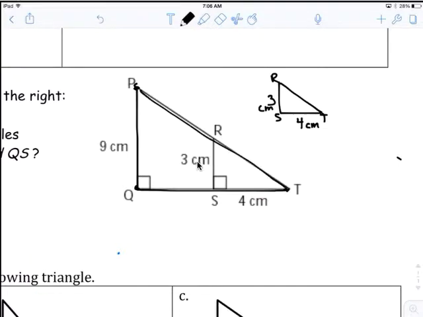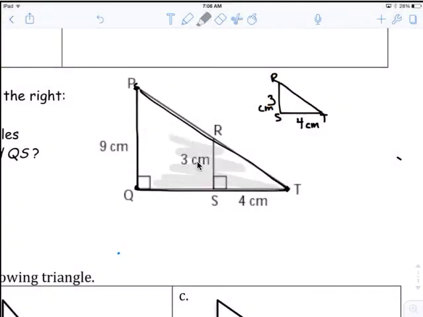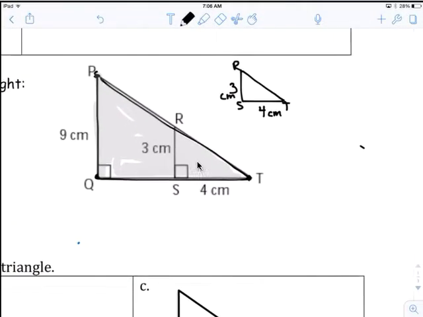Okay, so you can see. Then shade in lightly the other one, so that you can see the whole triangle. Some kids are not seeing it.